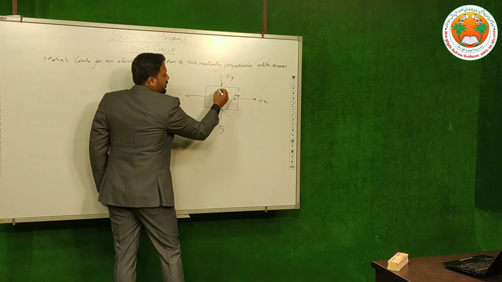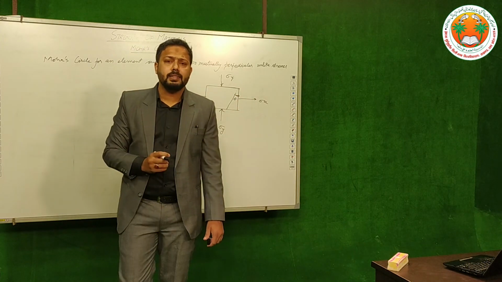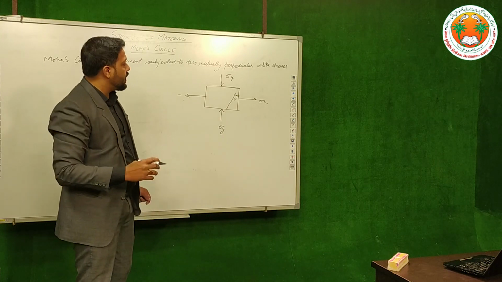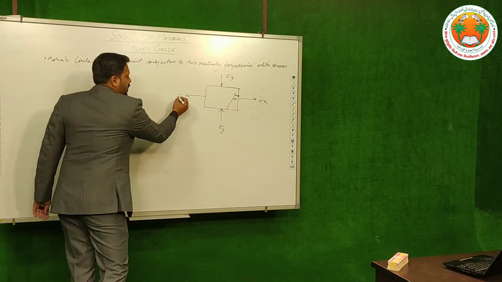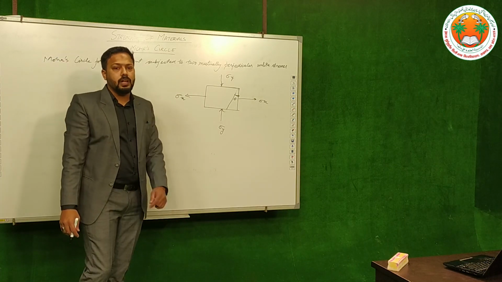In this case, we can see that there are two mutually perpendicular stresses acting along the x and y axis, but they are unlike. The sigma x stress is tensile in nature and sigma y is compressive in nature.